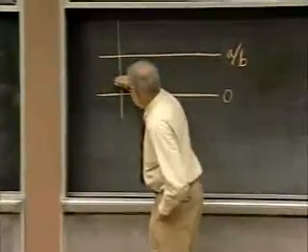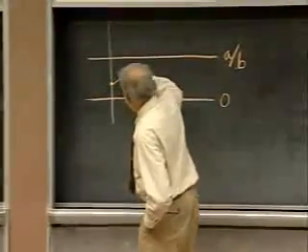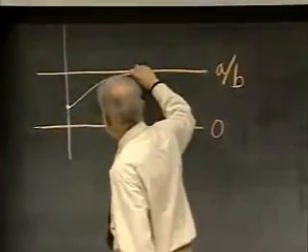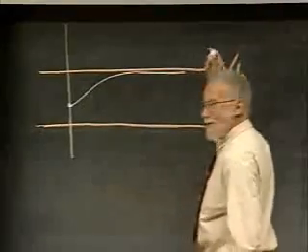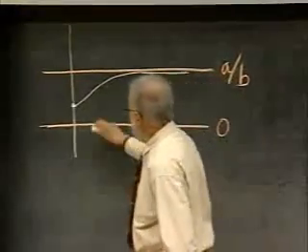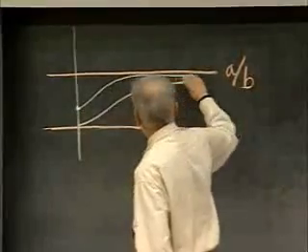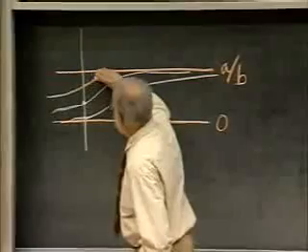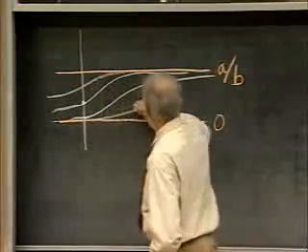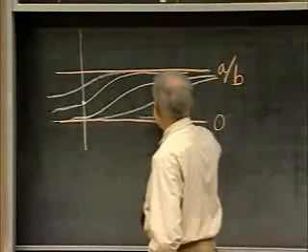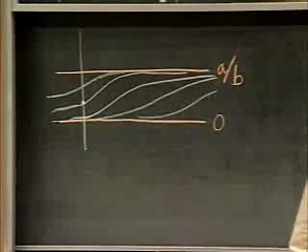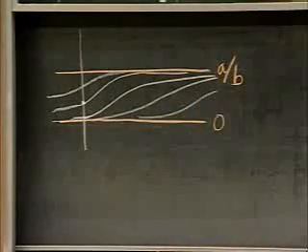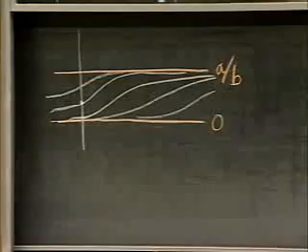Well, if they're always increasing and are not allowed to cross, it must do something like that. This must be a translation of it. In other words, the curves must look like that. Those are supposed to be translations of each other. I know they are, but use your imaginations.